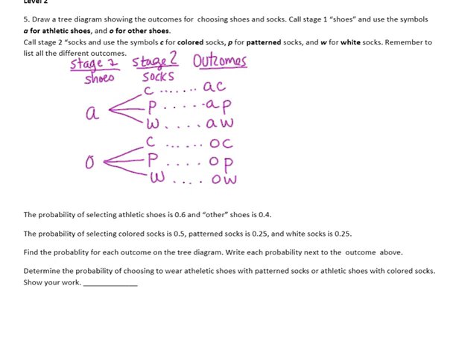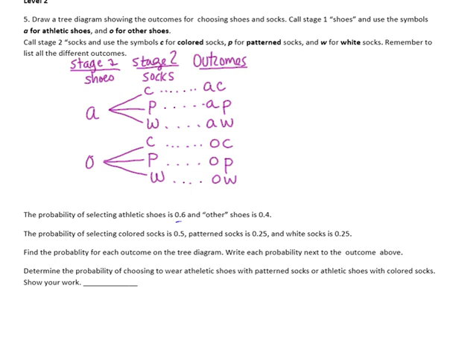The probability of selecting athletic shoes is 0.6, and other shoes is 0.4. The probability of selecting colored socks is 0.5, patterned socks is 0.25, and white socks is 0.25. Find the probability for each outcome on the tree diagram. Write the probability next to the outcome above.